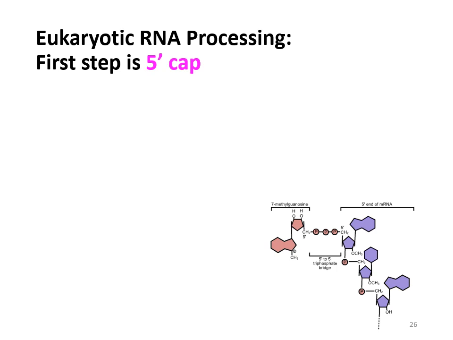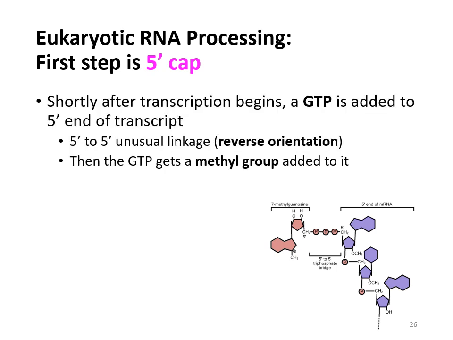So again, with eukaryotes, I want you to remember that they have to process their RNA, that this requires three different steps. The first step is that eukaryotes will add what's called a 5' cap, meaning that on the very beginning of the RNA for a eukaryote, they will add this little reverse orientation GTP.